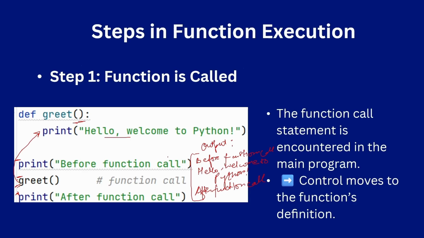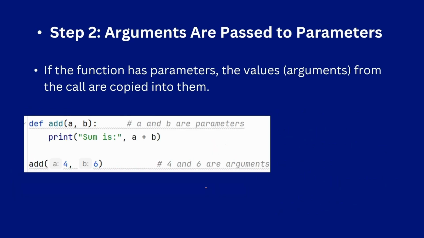Okay. Now step 2 is arguments are passed to parameters. If the function has parameters, the argument values from the call are copied to them. Here, this is a function add, and we have two parameters, a and b. Whenever we call this function, these arguments 4 and 6 are passed to these parameters a and b.